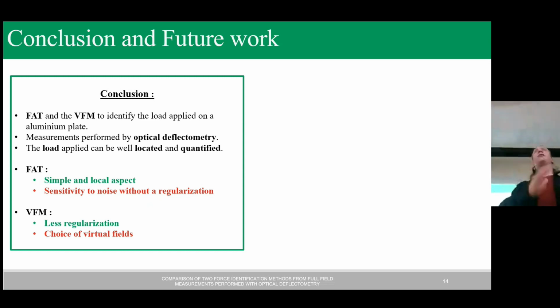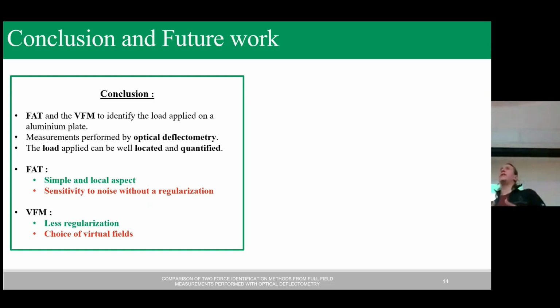And it has a local aspect, which is really interesting, meaning that when we apply the technique, you don't have to know what is happening outside the 13 points considered to estimate the fourth order derivative operator. But the technique is really sensitive to measurement noise and needs some regularization.